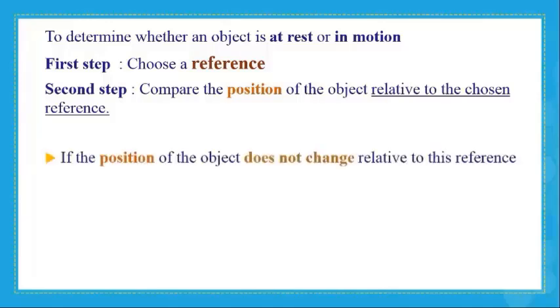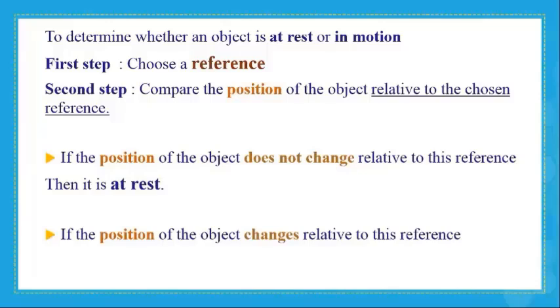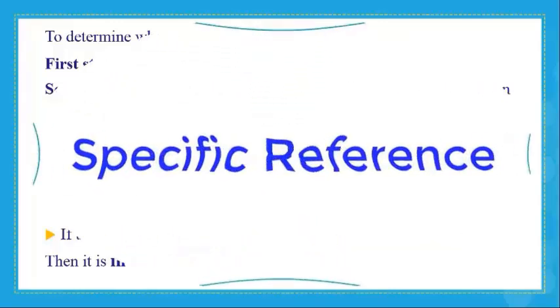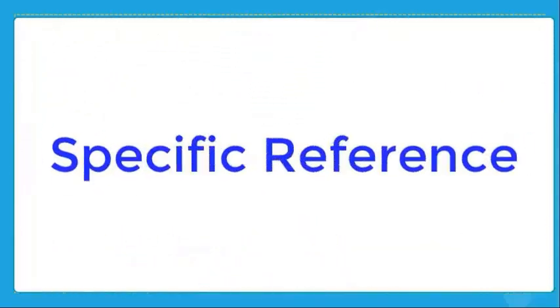If the position of the object does not change relative to this reference, then it is at rest. If the position of the object changes relative to this reference, then it is in motion. Keep in mind, I can't indicate whether an object is at rest or in motion without choosing a specific reference.